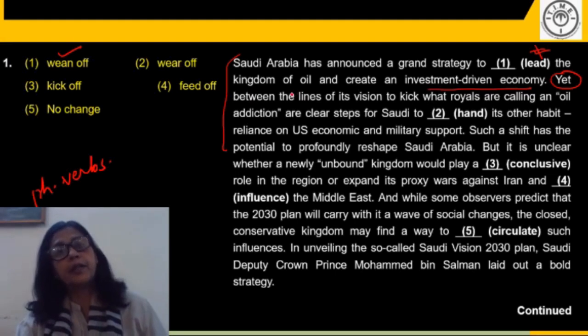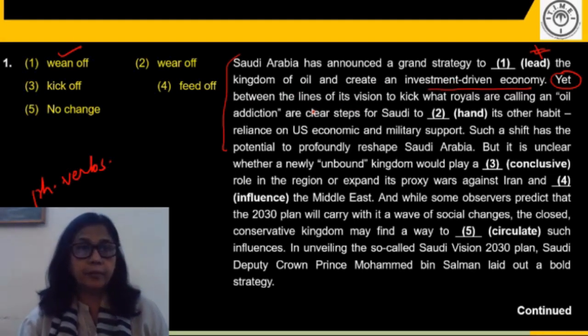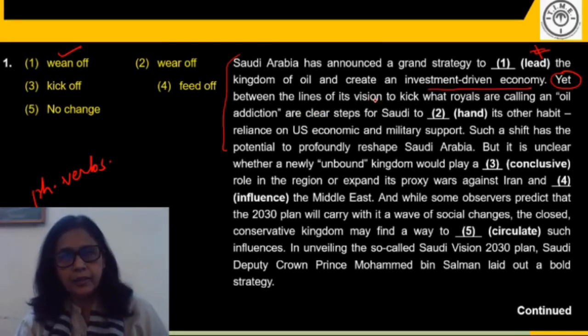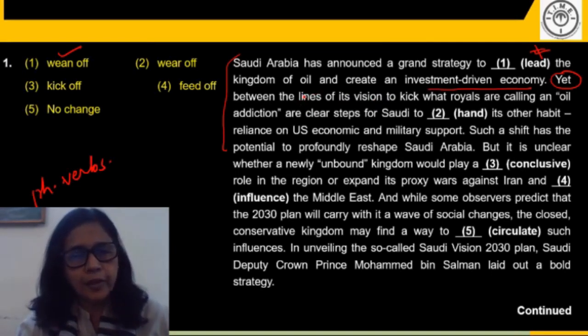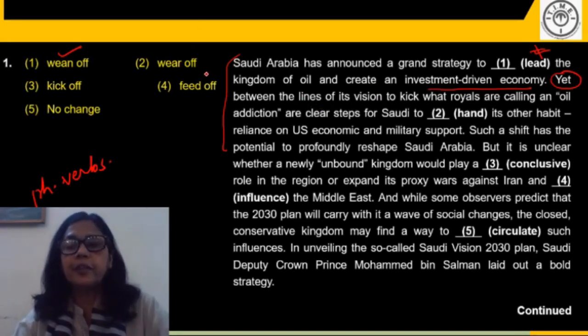So Saudi Arabia has announced a grand strategy to wean off the kingdom of oil and create an investment-driven economy. So the change over here we can see, yes, is away from the oil-driven economy to an investment-driven economy. So the other phrasal verbs, wear off, kick off, feed off, don't fit in at all.